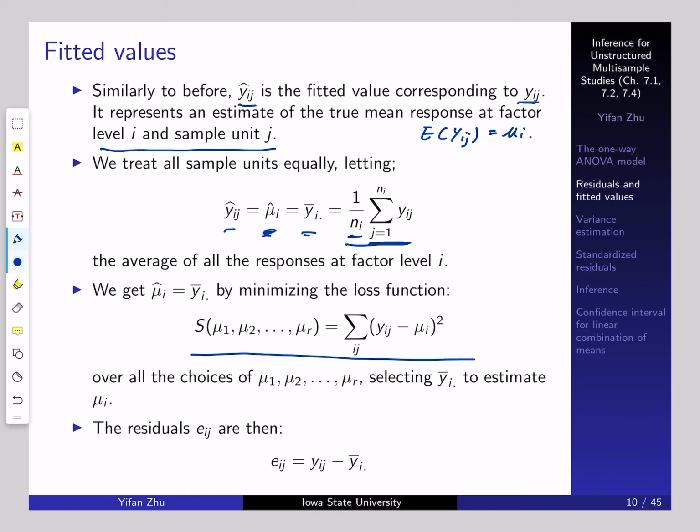So it's also a least squares problem, and the solution is just yi dot bar. So the residuals eij are just Yij minus Yij hat, and Yij hat is yi dot bar. So eij is Yij minus yi dot bar.